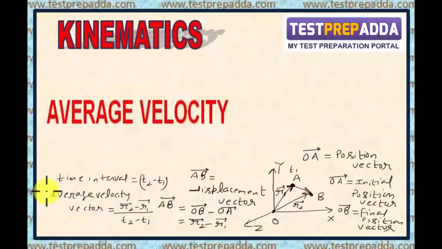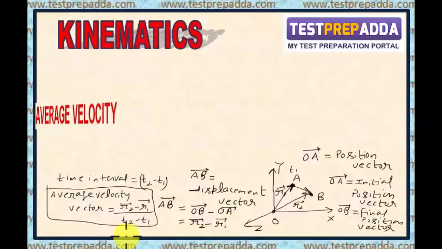Got the idea? This is average velocity vector. Since displacement is a vector quantity, the average velocity is also a vector quantity.